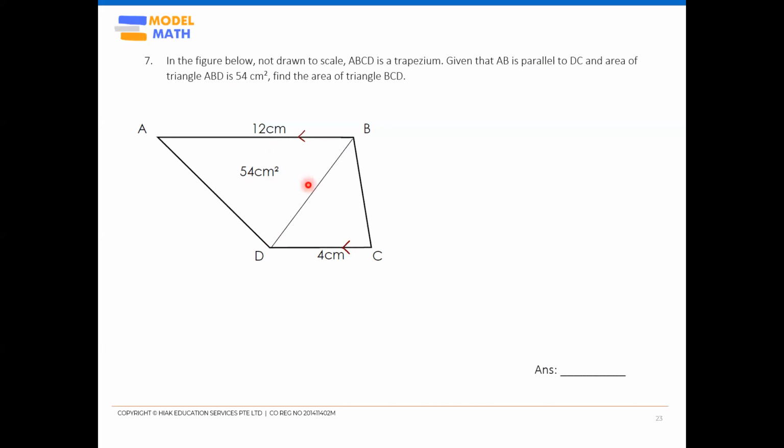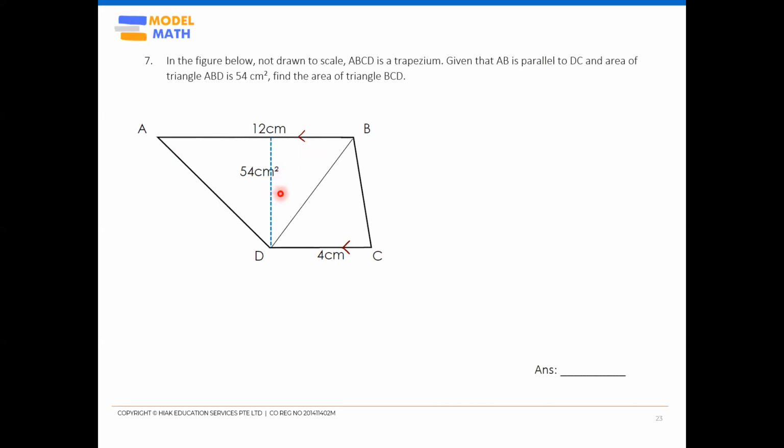For triangle ABD, we have the area, and the 12 cm I would treat as the base of the triangle. Next I create the height of the triangle, and the height must be perpendicular to the base. This is how I drop down the perpendicular height.